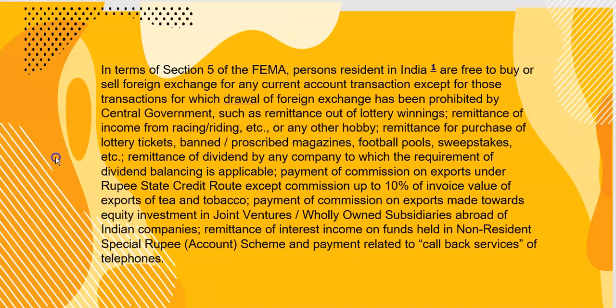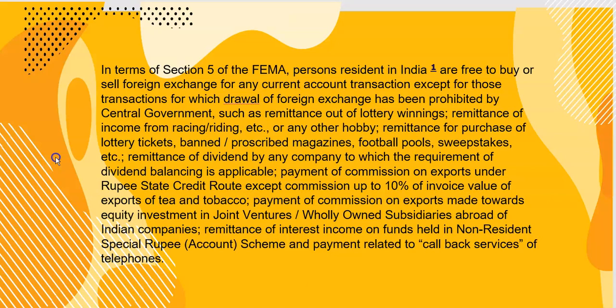In terms of Section 5 of FEMA, persons resident in India are free to buy or sell foreign exchange for any current account transactions, except for those which have been prohibited by the central government, such as remittance of lottery winnings, remittance of income from racing, horse riding, hobby, payment of commission on exports under rupee state credit, except 10% is allowed.